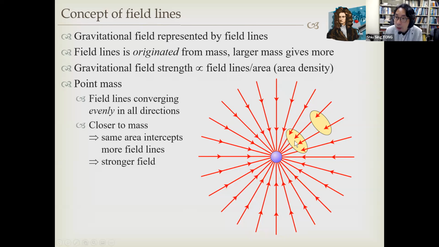If I'm closer, I get more field lines per unit area, so I get a larger gravitational field. If I'm farther away, I'm getting fewer field lines per unit area, so I have a field with a lower strength. So that's how we represent the gravitational field strength with field lines.